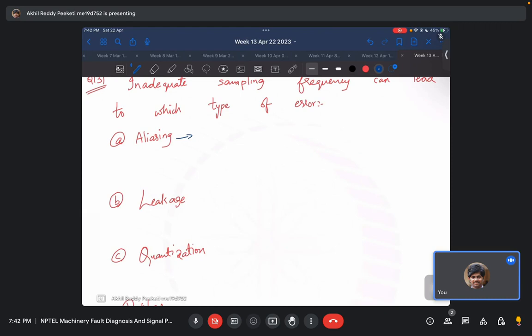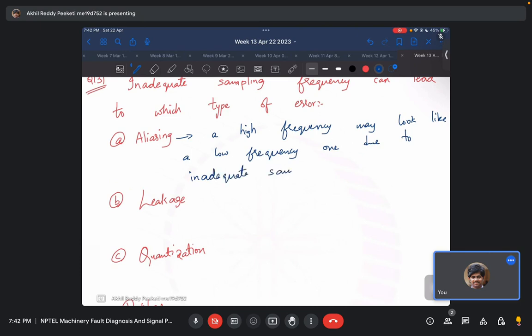This is called aliasing. A high frequency signal may look like a low frequency one due to inadequate sampling frequency, and that is why it's called aliasing error.